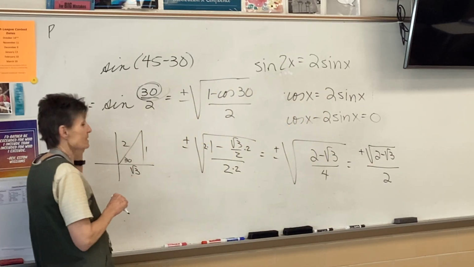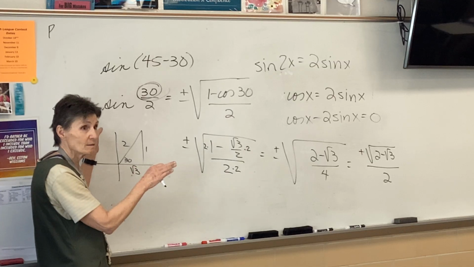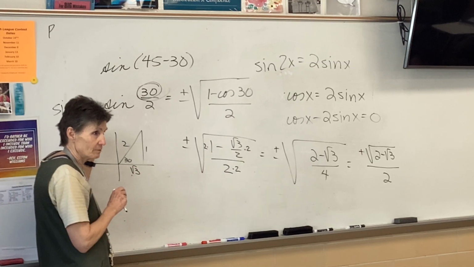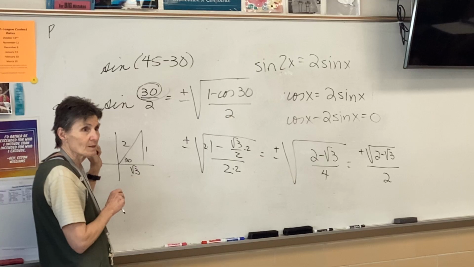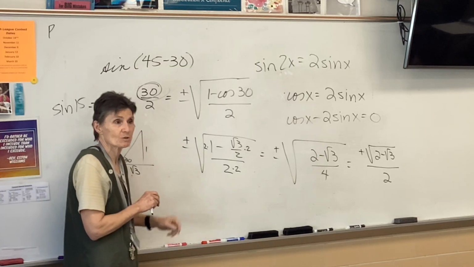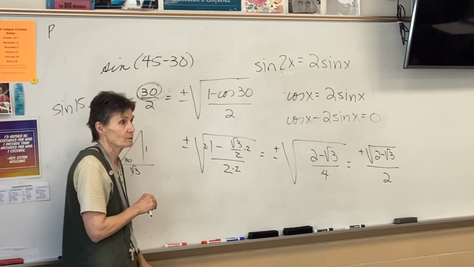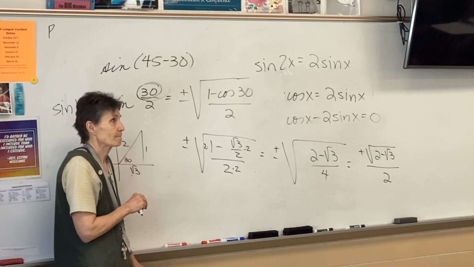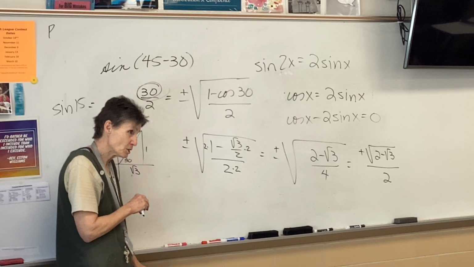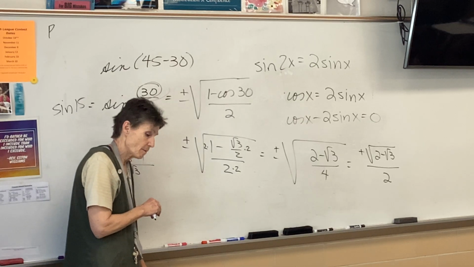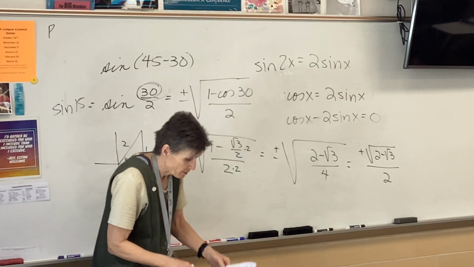If this were the sine of like 200, then it would be negative, because you'd be in quadrant 3. But it's the sine of 15, so I want the positive root. All right, manageable? Yes.